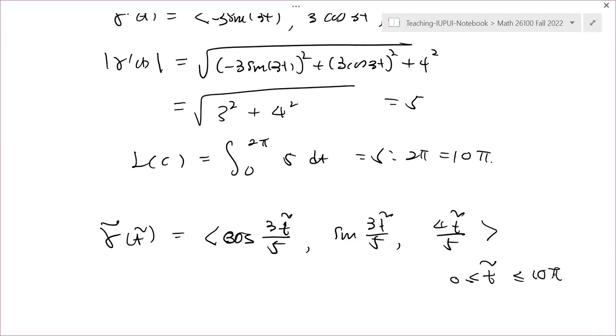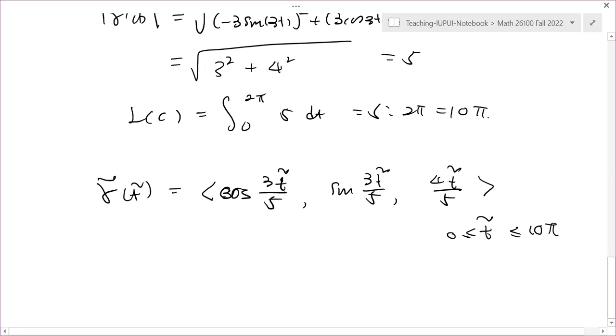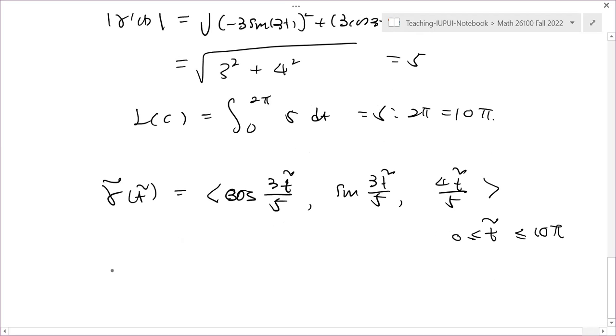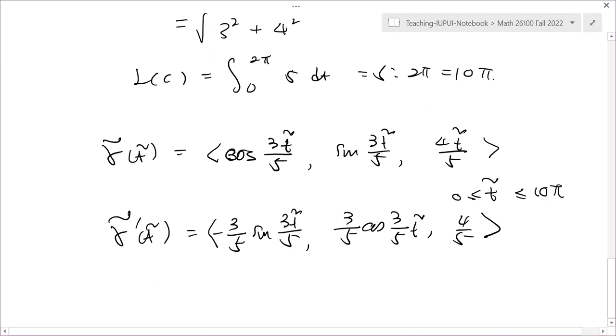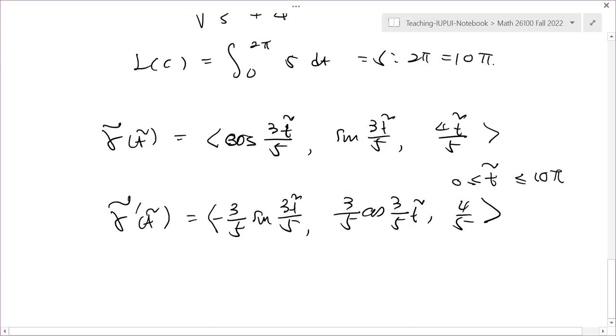If you draw the orbit of this moving object, you get the same orbit. But the difference is the derivative is 3 over 5 times negative sine of 3 t tilde over 5, 3 over 5 cosine of 3 t tilde over 5, and 4 over 5. If you want to find the length of it, it's going to be equal to 1.